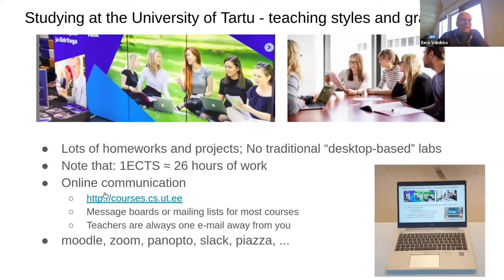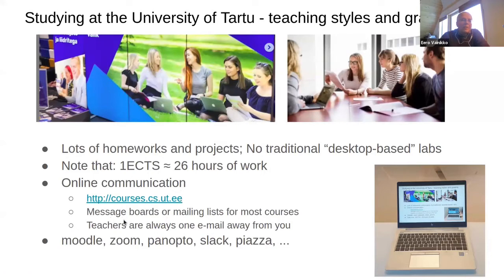All the courses have online communication, and all the information about courses, lecture material, computer class exercises, everything is published on the courses website at our institute. You can already go there and look at what the courses are like, and a lot of this information is publicly available, including lecture recordings.